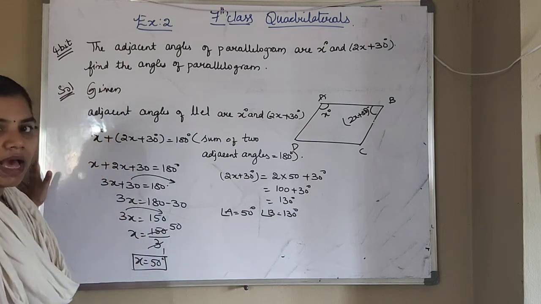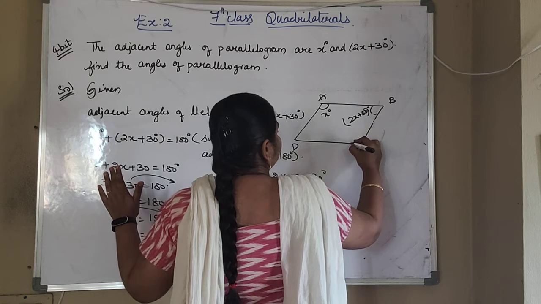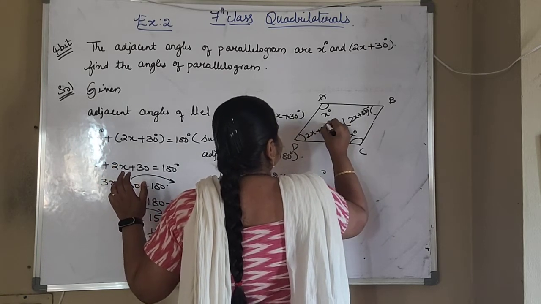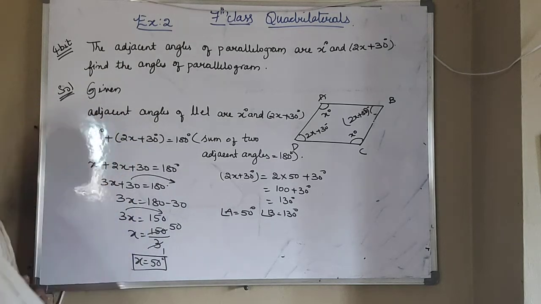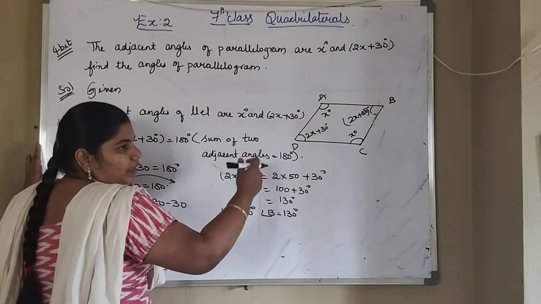Now in a parallelogram also, opposite angles will be equal. So here also it will be x, here also it will be 2x plus 30. By using the property that opposite angles are equal, we can write the other two angles also.